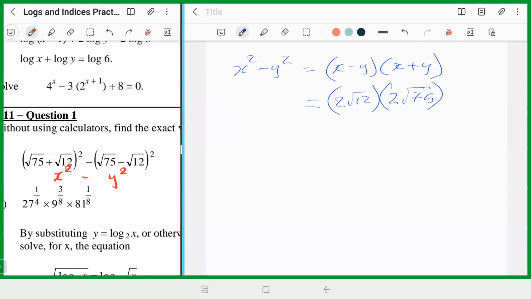See that? So I end up getting 2 times 2 is 4. This root 12 is the same as 4 times 3, so I'm going to write the square root of 4 times 3. This root 75 is the same as 25 times 3, so I'm going to write the square root of 25 times 3.